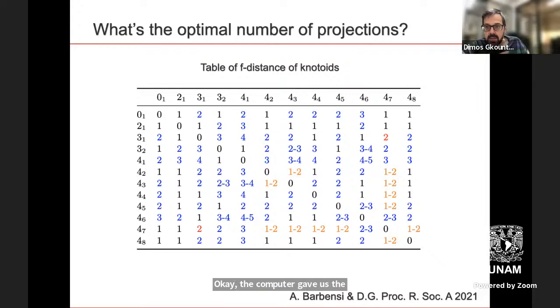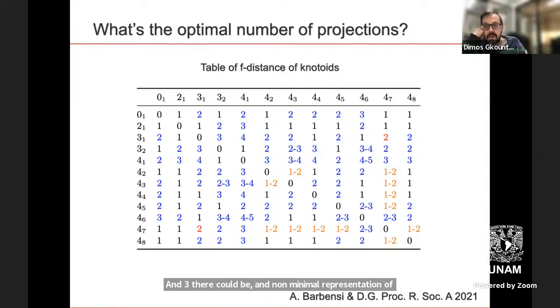We did all diagrams up to 4 crossings, and we weren't sure that, for example, let's say this one here, the forbidden distance between 3,2 and 4,3, we said that it is between 2 and 3. There could be a non-minimal representation of either one of these two notoids with more crossings.